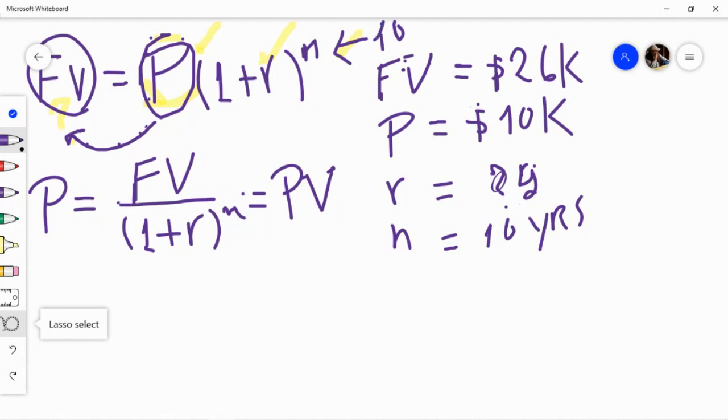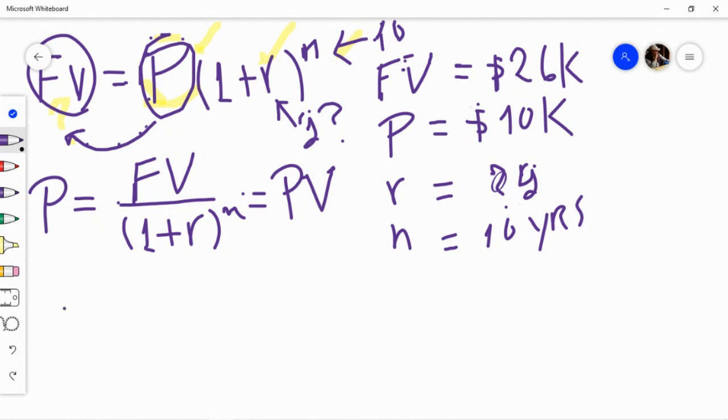So n is 10, and let's say we don't know r. This is constant growth; interest rate is basically a constant growth rate, and it's not known. This is like the price of the house in 2005, and this is like the price of the house in 2015.